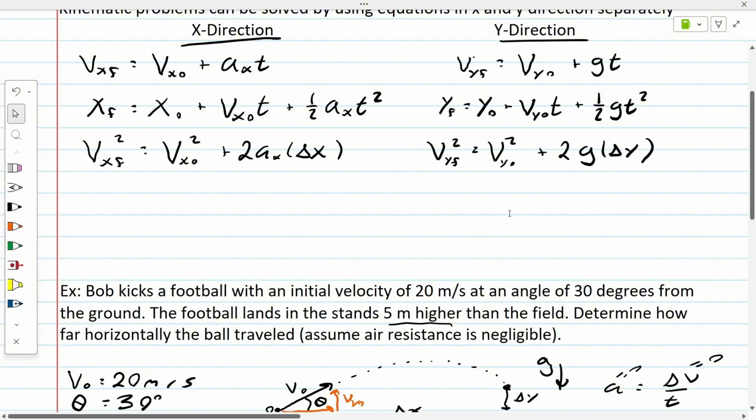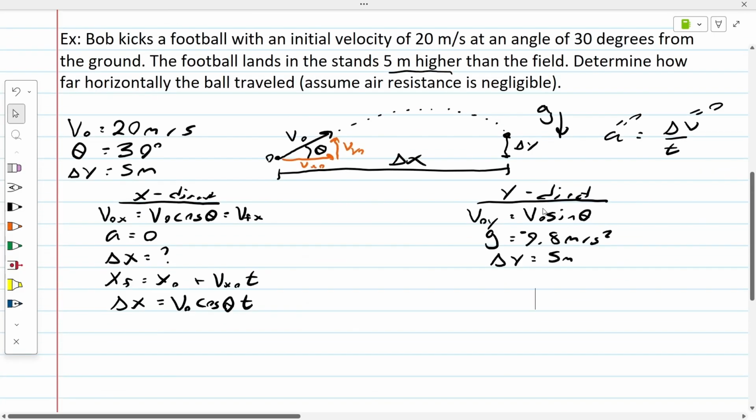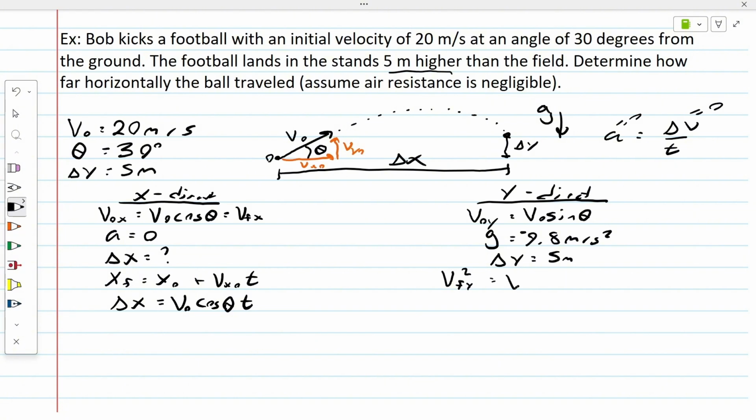And you'll see why in a moment: picking your right signs on your quadratic formula can get a little bit more confusing. I think this way is a little bit more intuitive. So I'll start by using that equation. We have the velocity final in the y direction squared equals the velocity initial in the y direction squared plus 2g delta y. And we want to solve for the final velocity.